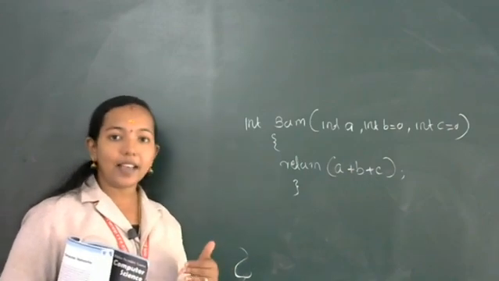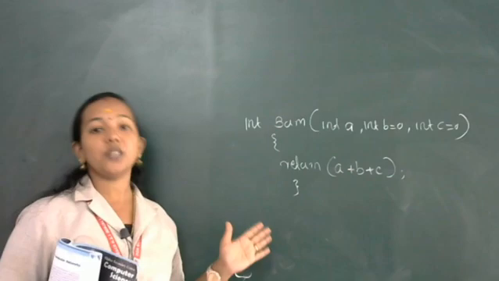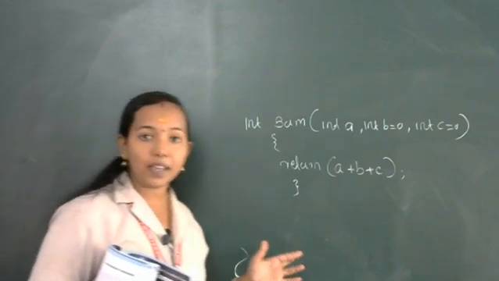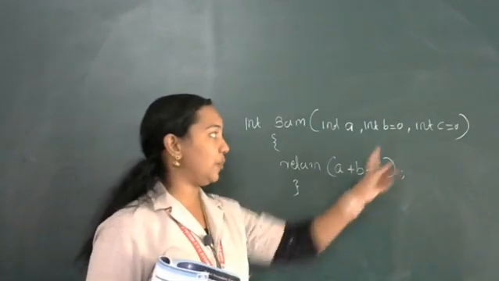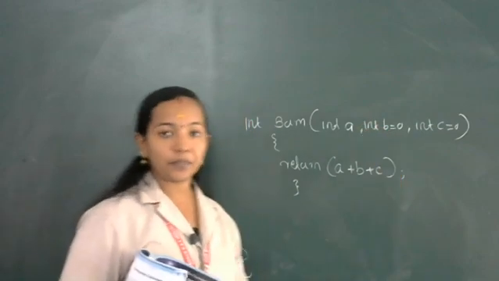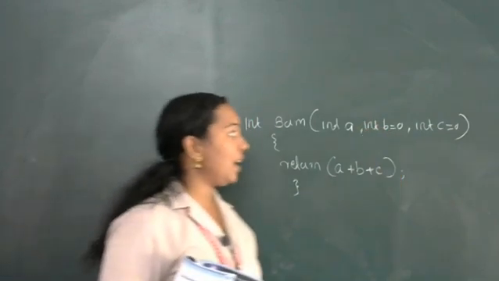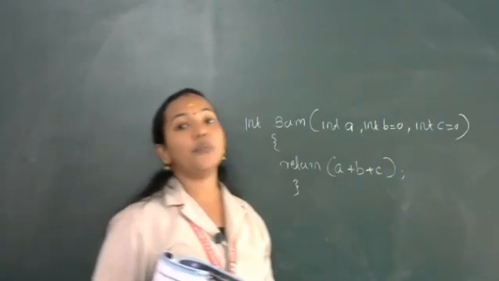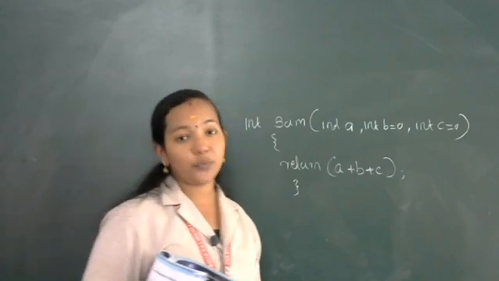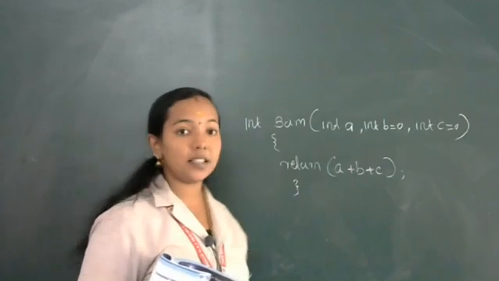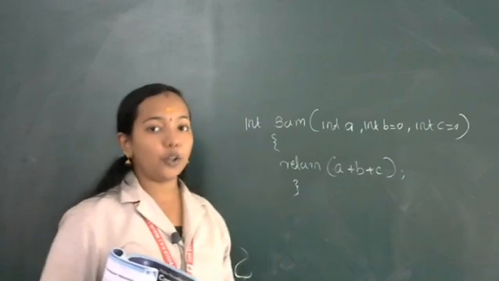So in this function, B and C are arguments with default values. Clear? So both B and C are known as default arguments.